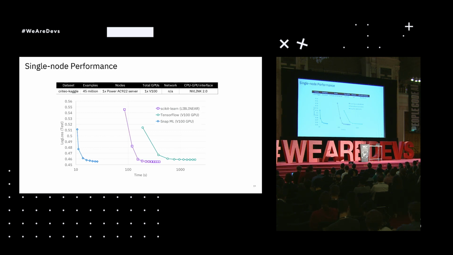The scikit-learn logistic regression takes about 200 seconds to converge. This is TensorFlow logistic regression, with the same hardware used for all. It takes about an order of magnitude more. And this is SnapML, and it takes, as you see, about an order of magnitude less. So it's really fast for training certain types of linear models, in particular sparse models, like this one.